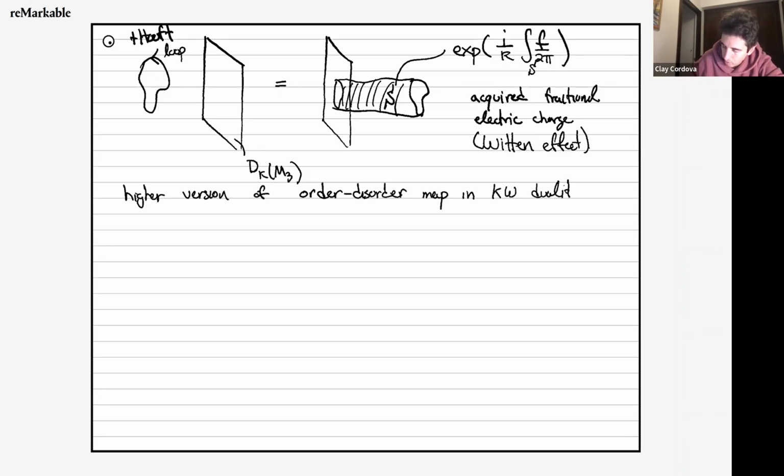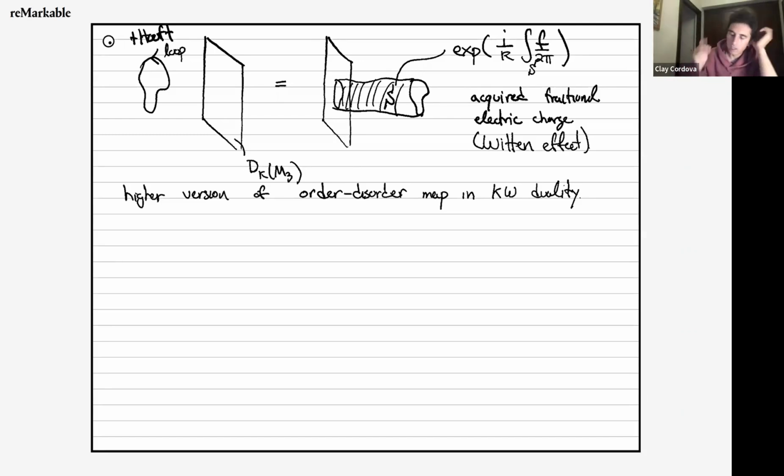So I remind you, Kramers-Wannier duality in the Ising model is a little bit unusual because it maps order to disorder, so it maps local operators to semi-local operators. Here we have a similar thing. This is mapping loop operators to loops with surfaces attached.